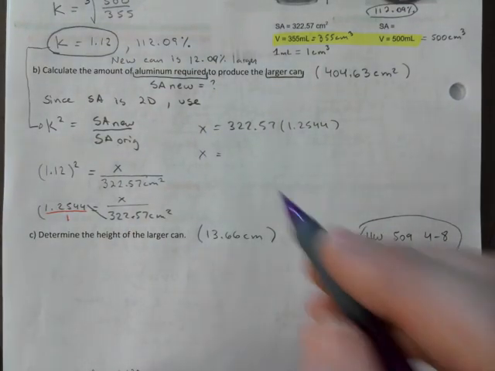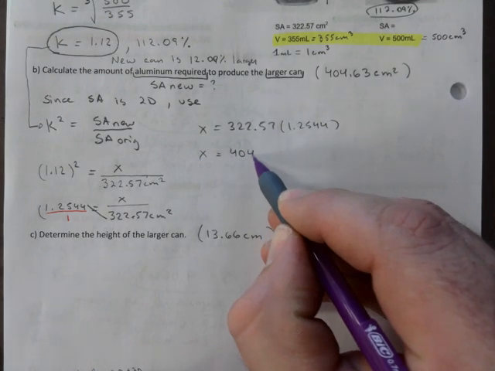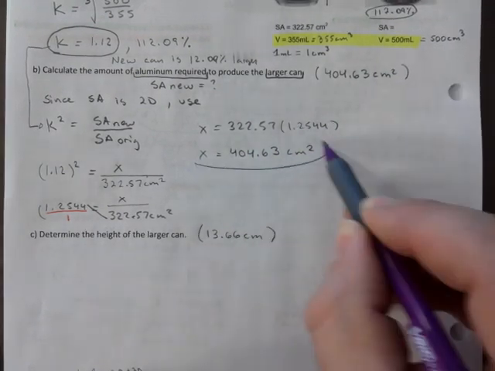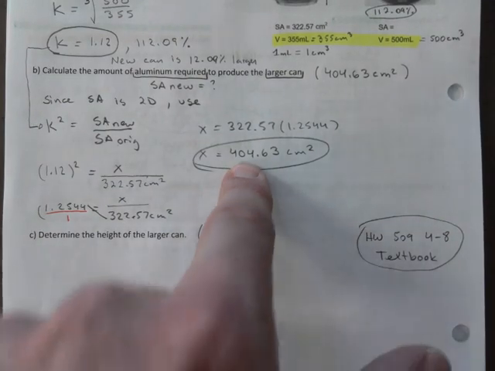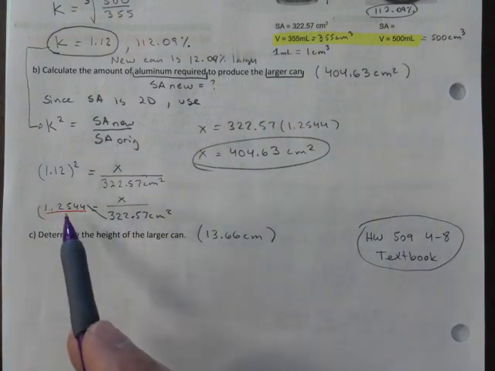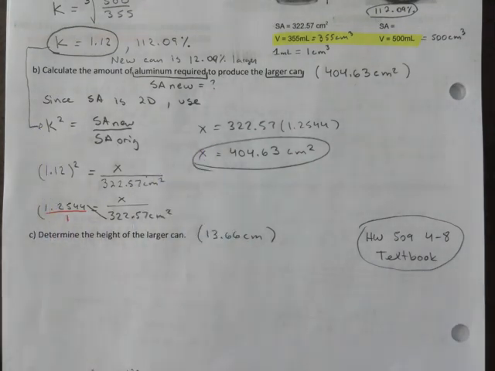And some of you already did this, so you're just watching and enjoying the show. But there it is. That's how much, and it makes sense. It's a larger can, so I do want a bigger amount there. And you might think I was a little off because I didn't square that. A little makes a big difference. That's why I need to see your work. It actually shows conceptual understanding.